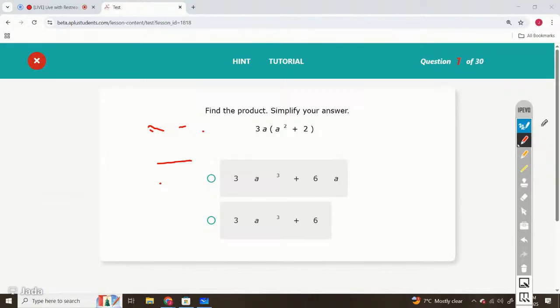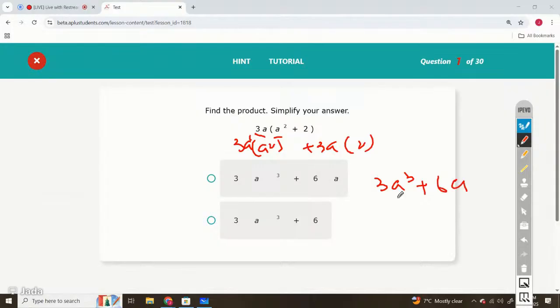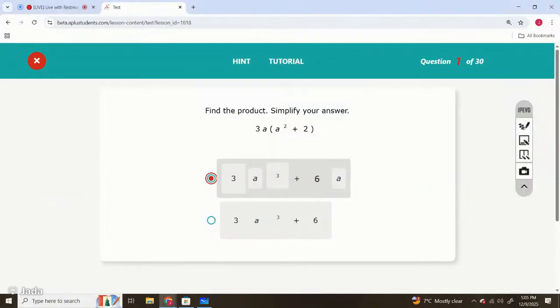Just apply the distributive property and multiply them. We have to do 3a times a square. When the bases are the same, we need to add their exponents. So here we have 2 and here we have 1. So that is 3a cube. Then 2 times 3 is 6a. So that is 3a cube plus 6a. Option number 1 is the correct option.